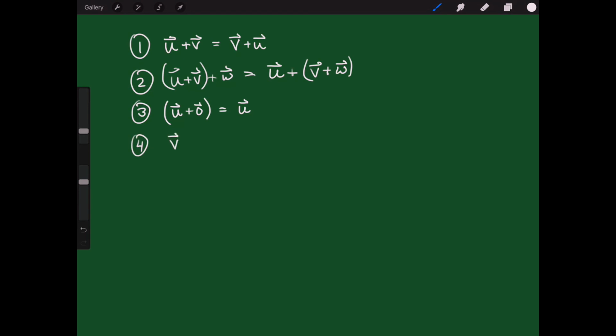Also, if you subtract a vector from itself, you get the 0 vector. Also, you can multiply the addition of two vectors, u plus v, by a scalar, and that scalar will distribute over that addition. So you could write this as cu plus cv.